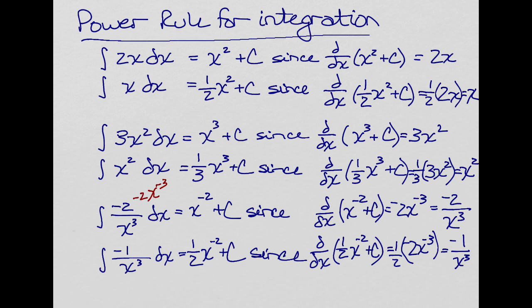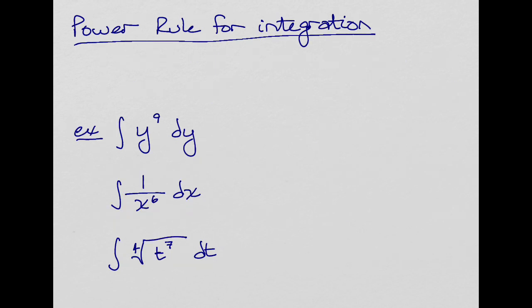So in general, for integrals of power functions of x raised to a power, that's going to go like this. The integral of x raised to a power with respect to x. X is going to go to 1 higher power.